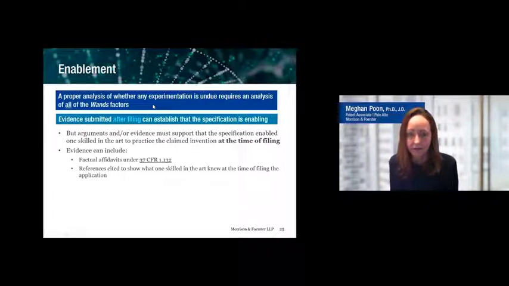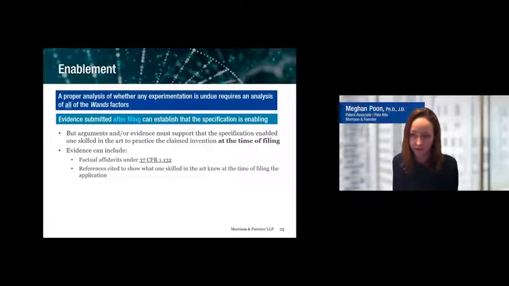So, post-filing evidence. You actually can use post-filing information to show that the claims are enabled. And the post-filing evidence that you can present is limited to the arguments or evidence that was produced using methods available at the time that the application was filed.